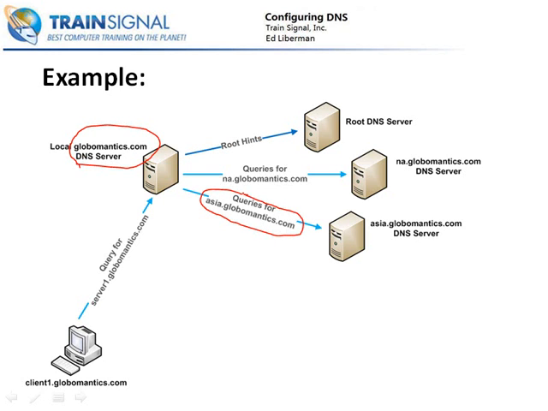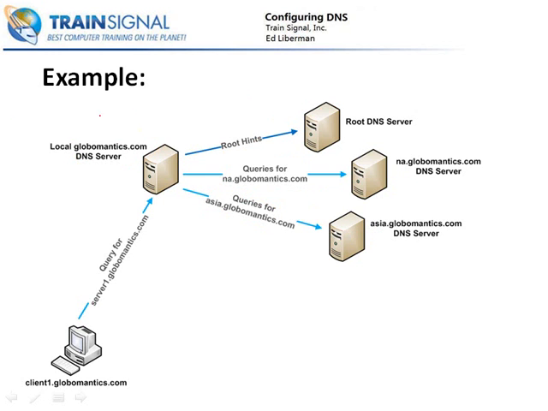One that says any queries looking for the asia.globalmantics.com domain will be sent to this specific DNS server, and one that says that any queries looking for the na.globalmantics.com domain send to this specific DNS server. Now, our globalmantics.com DNS server has also been configured with root hints, which tell it how to get out to the internet root DNS servers if an internet host is queried. So let's look at a few examples and see what would happen.